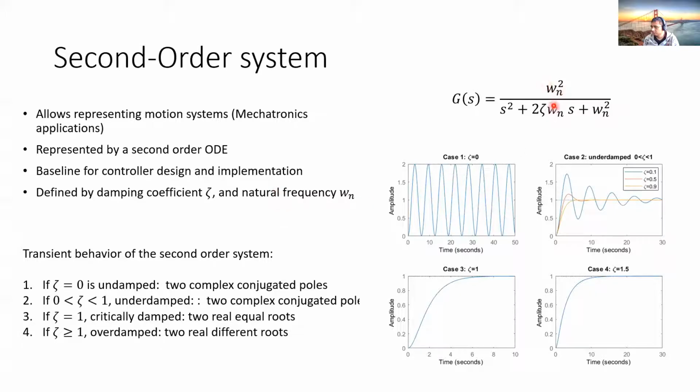As you can see, we have two parameters that define this system. One is the natural frequency and the other one is the damping coefficient. The damping coefficient will be really important in order to define the behavior of our system. If you have taken any vibration course before, or even if not, we can set the following. Based on the damping coefficient of our system, if our zeta, or damping coefficient, is 0, our system will be undamped, just similar to this figure here.